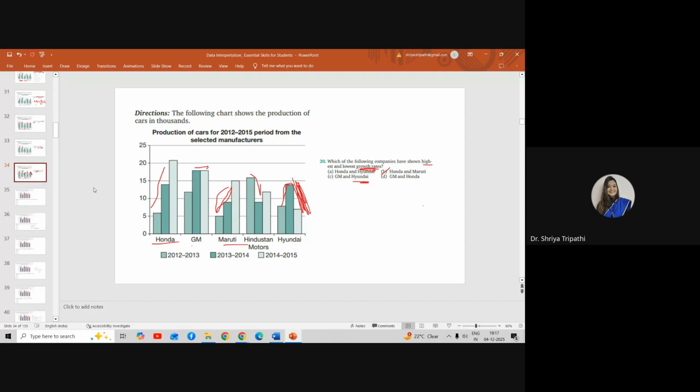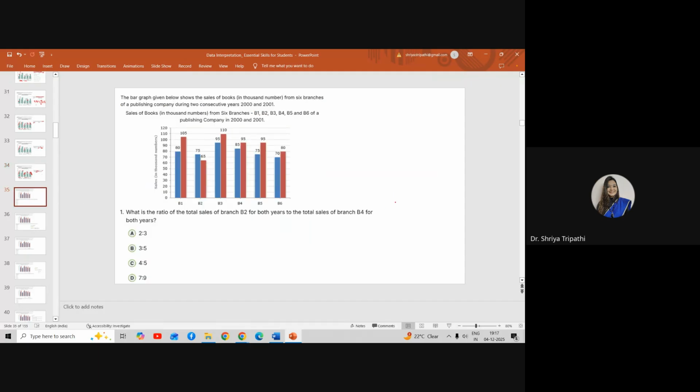Okay, the next one on the screen. The bar graph given below shows the sales of books in thousand numbers. Again, be careful, the unit here is thousand. From the 6 branches of a publishing company during 2 consecutive years. What do we mean by consecutive years? One after the other, right?